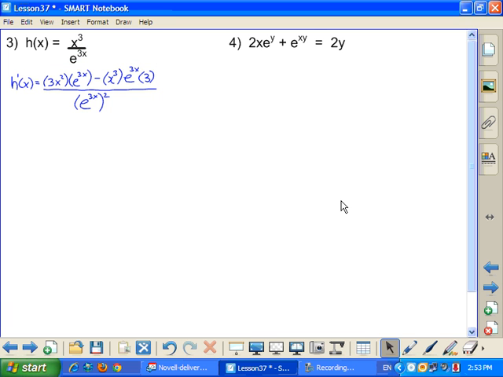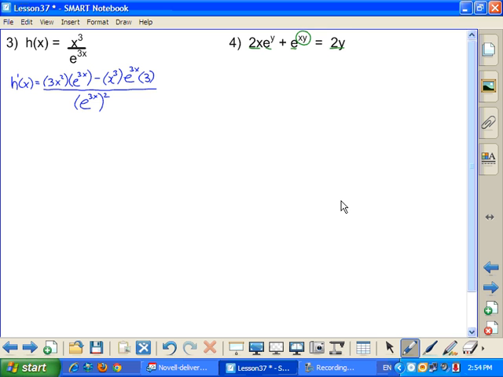All right, example 4. Once you see x's and y's all mixed into an equation, you need to understand that it's implicit differentiation. So carefully picking this apart, there are two functions here, so that means I'm going to have to use product rule. For the second one, it's only an exponential, but I'm going to have to use the product rule in the numerator, and then just a straight power rule there.